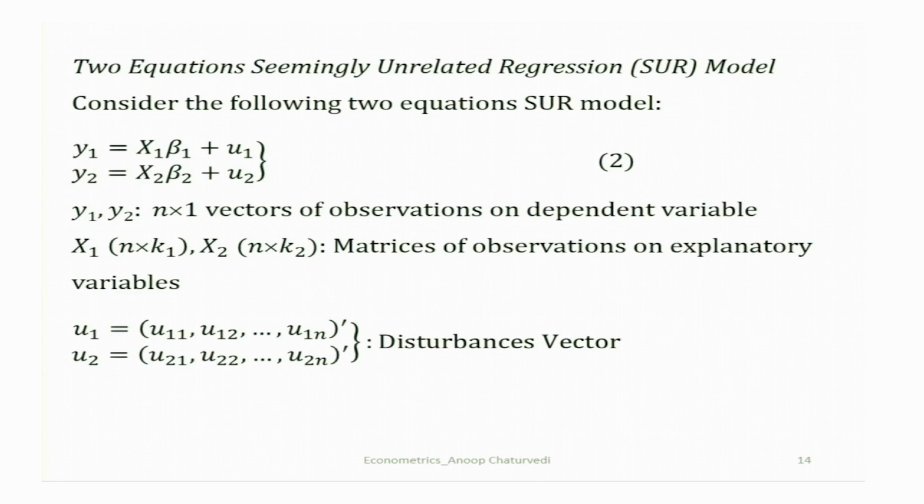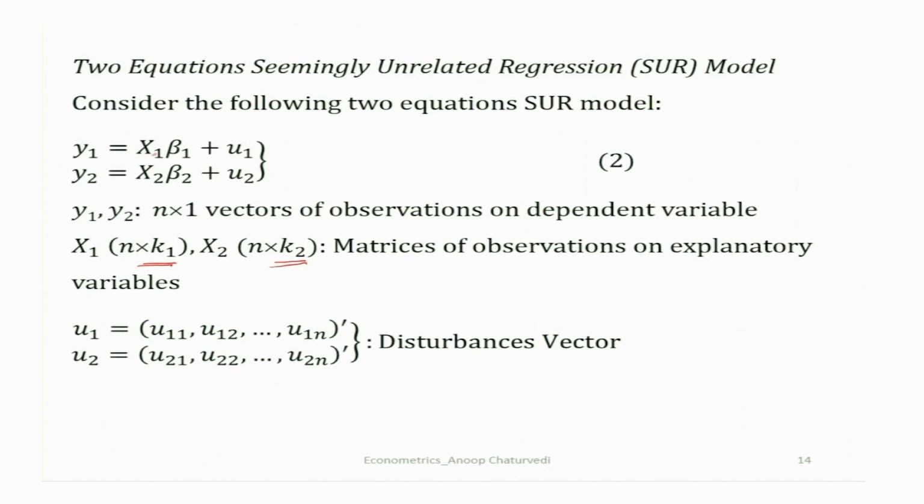Notice that in the first equation you have k1 explanatory variables, whereas in the second equation you have k2 explanatory variables. There might be some variables common to both the equations, but it is not necessary that both the equations use the same set of explanatory variables.